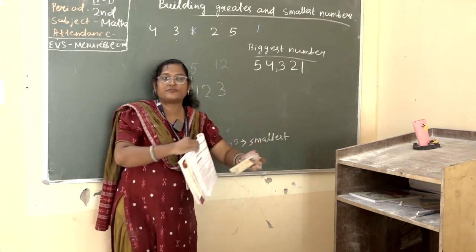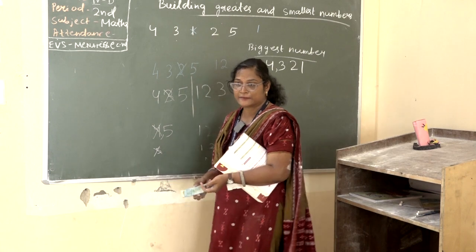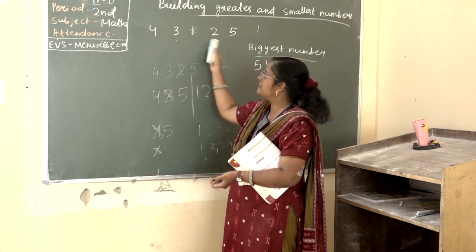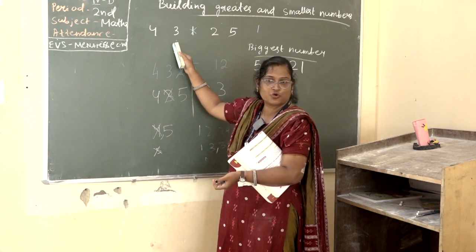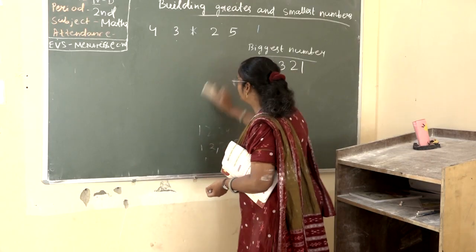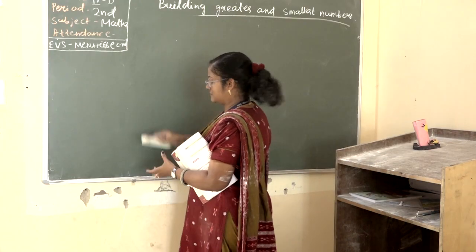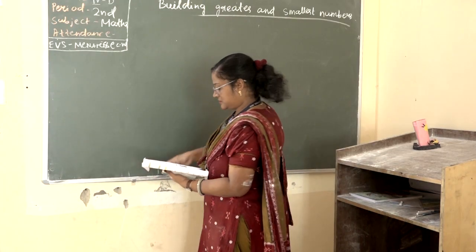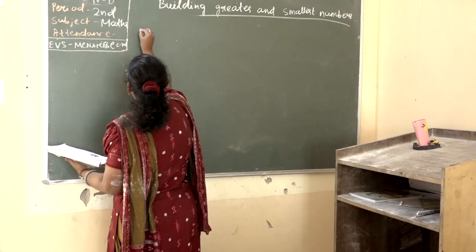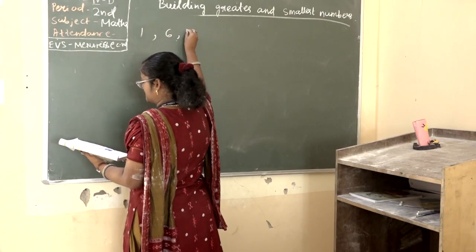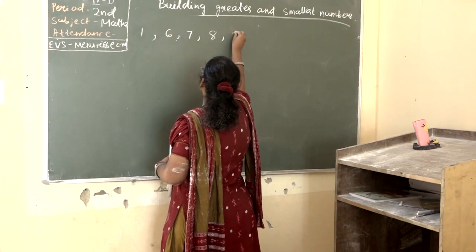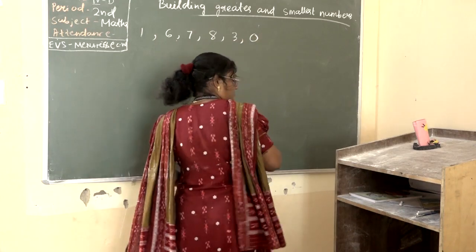Now if another case is there, if 0 is there. Here, is 0 there anywhere? No. If I give another number, suppose 1, 6, 7, 8, 3, 0.